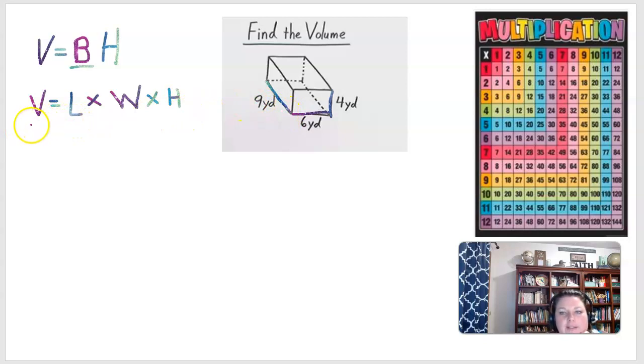Okay, so to find the volume here, we need to plug in the length, the width, and the height into our formula so that we will know what three numbers to multiply. So for this rectangular prism, the volume is equal to 9. That's the length.